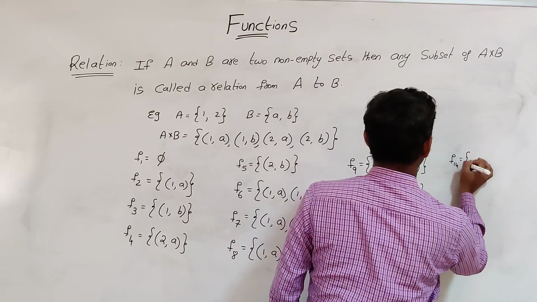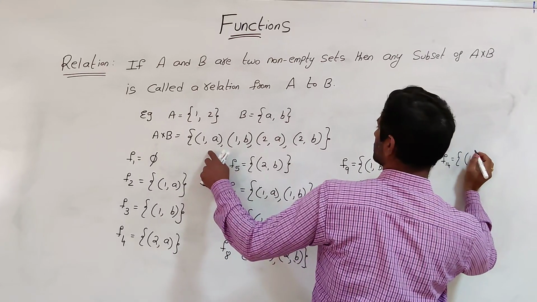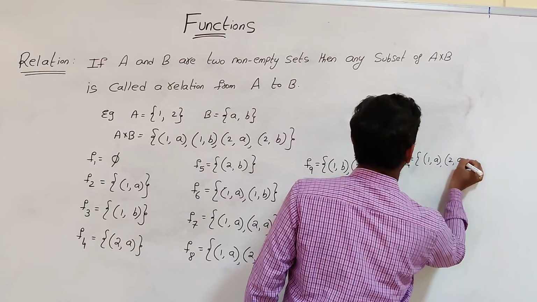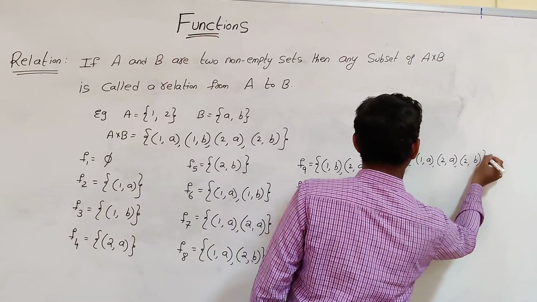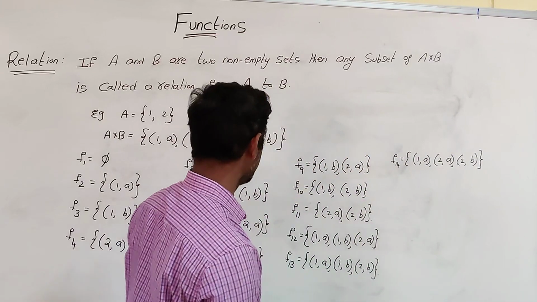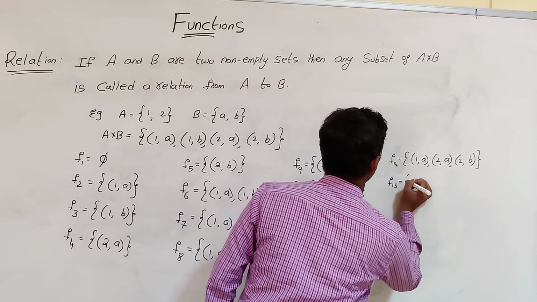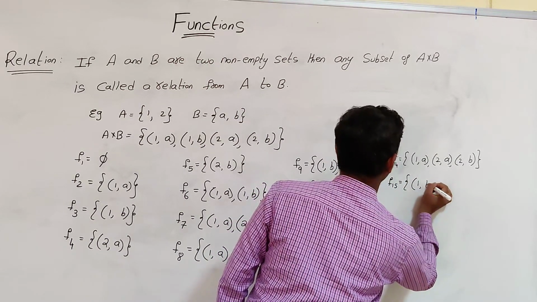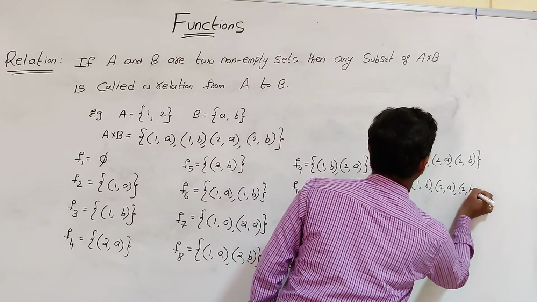F14: (1, a), (2, a), (2, b). Okay. Next, F15: (1, b), (2, a), (2, b).